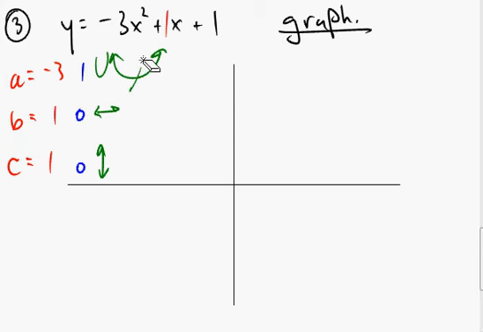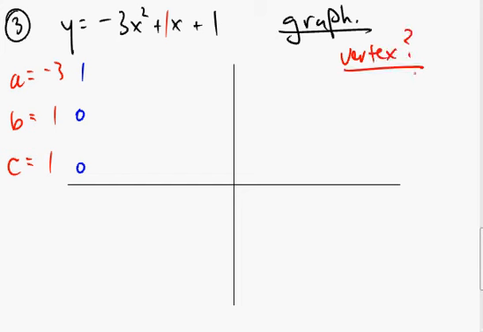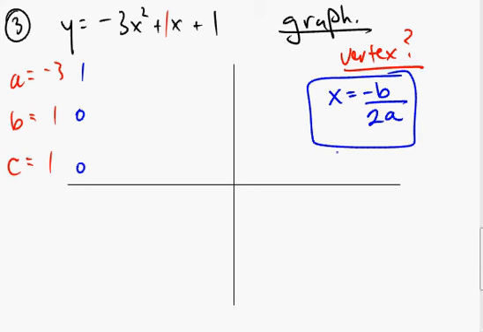So if you have this shift with the B, then what you have to find first is where's the vertex? If it's in standard form, you could use this formula. It's very important, and it tells you where the axis of symmetry is.